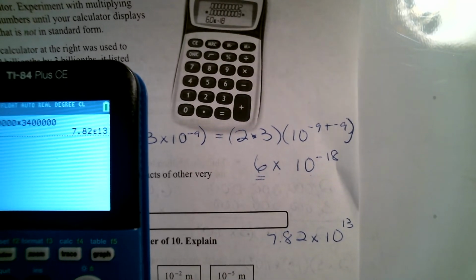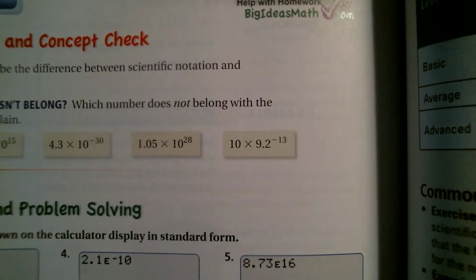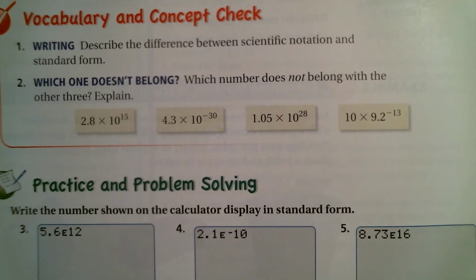So all this came from your Big Ideas book, so I'm going to show you a couple problems from it and see if you could figure out what we would write for these. Just give me a second here. Calculator notation here, okay?